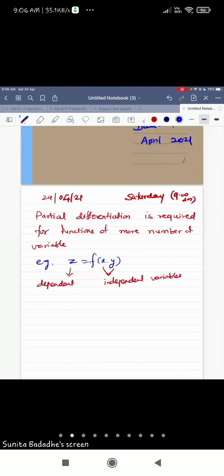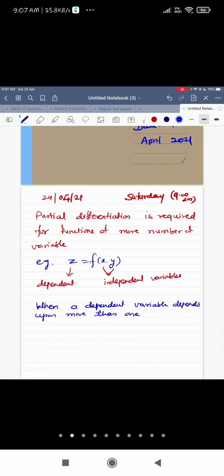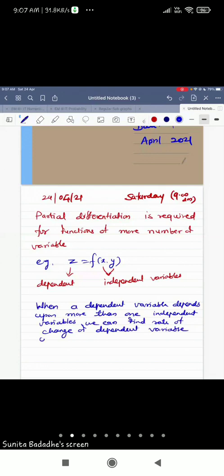So let me write down the definition. When a dependent variable depends upon more than one independent variable, we can find the rate of change of the dependent variable with respect to each independent variable.